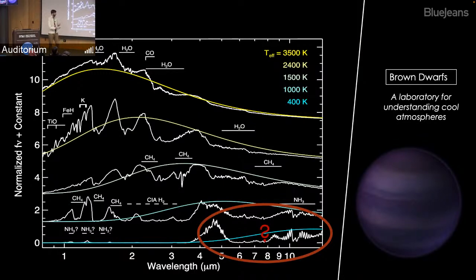As planets cool down, different molecules become more important, especially ammonia. Ammonia is observed in Jupiter and is very hard to get in the near-infrared, and this is why we're really excited to use JWST to access these kinds of atmospheres and characterize their chemical composition in detail.